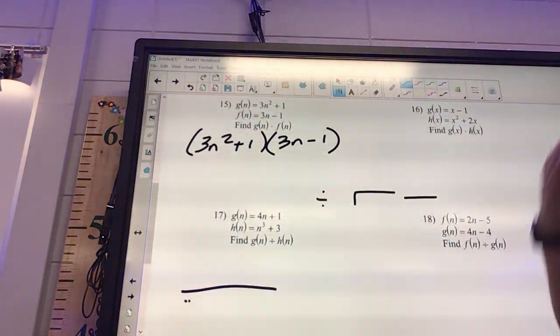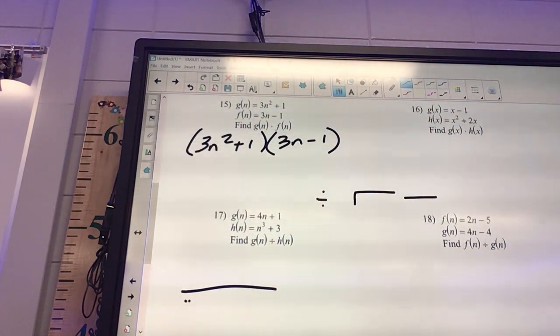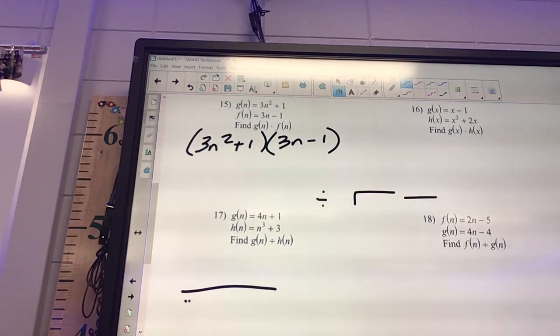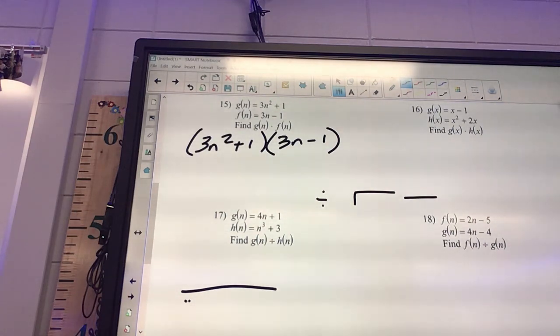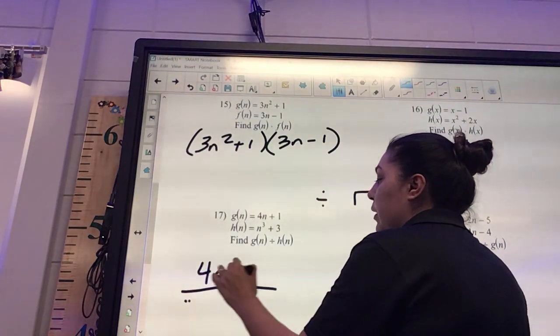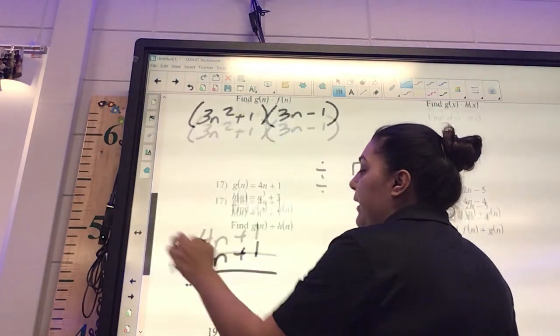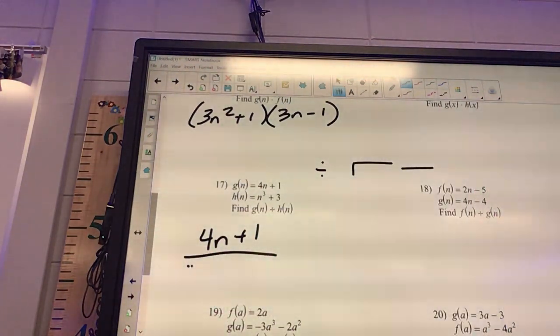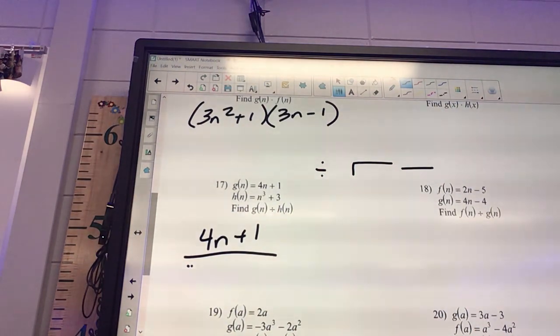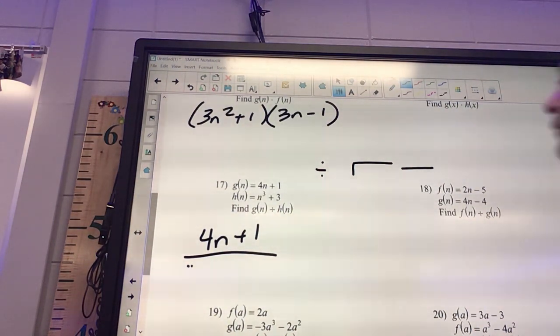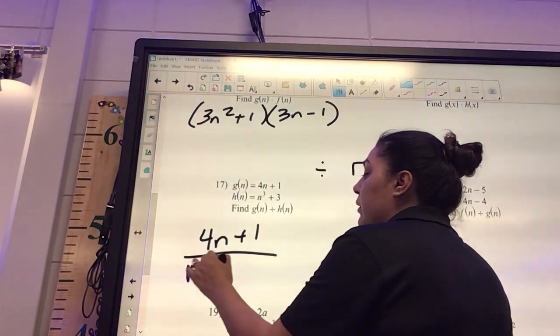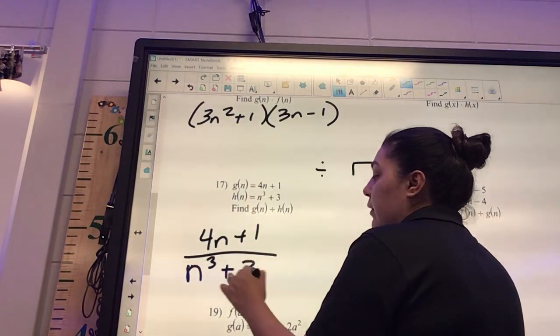Whatever comes first goes on top. So what comes first? 4n plus 1. So the g of n comes first. So you're going to say 4n plus 1 divided by, that means that fraction bar, h of n. What is my h of n? n cubed, or to the third power, over 3.